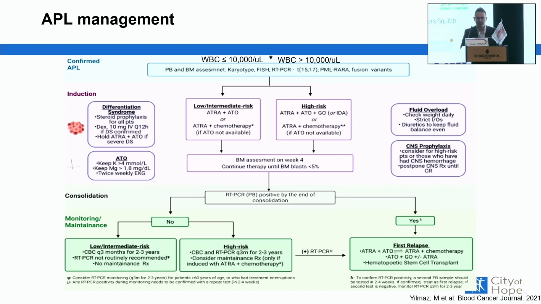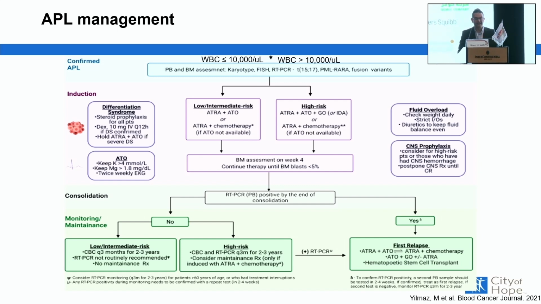And this is a really complicated schema. I apologize for that. This is meant to summarize the management of this disease. But really, to make it easy for us to understand, we confirm diagnosis by translocation 15;17. We assess the risk of the disease by looking at WBC, if it is above 10,000 or below. And we start ATRA and arsenic based on the work done in Italy 10 years ago.